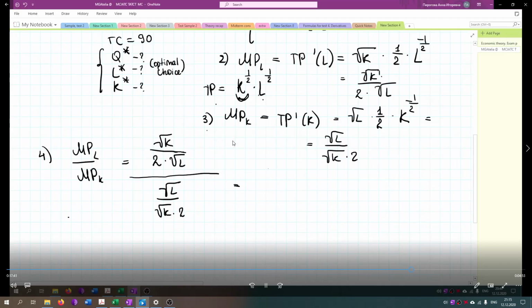So we receive square root of K multiplied by square root of K multiplied by 2, because we take this part divided by 2 multiplied by square root of L multiplied by square root of L. Now we can divide our fraction by 2, and finally we receive K divided by L.